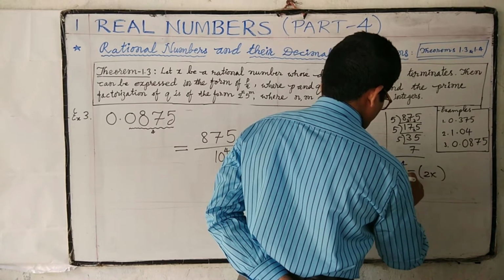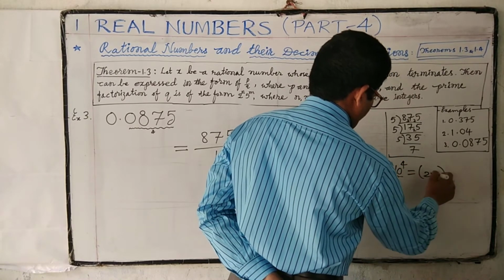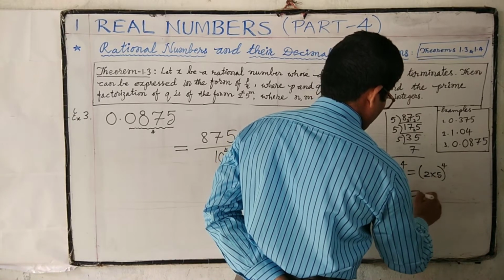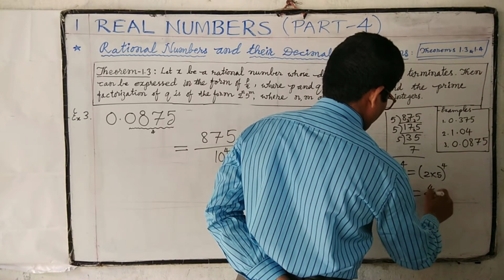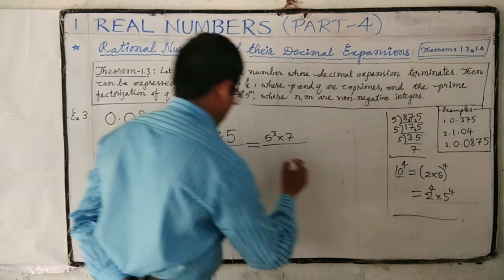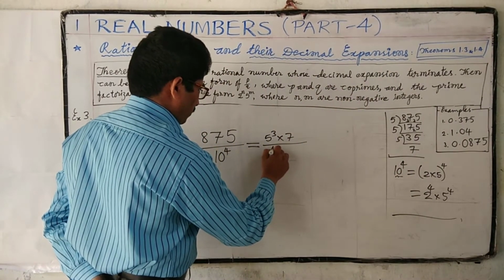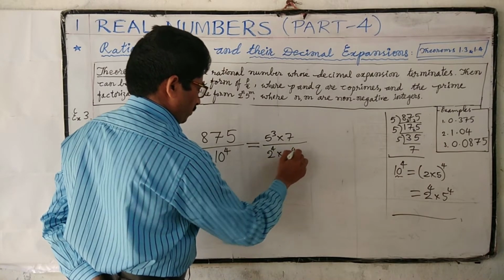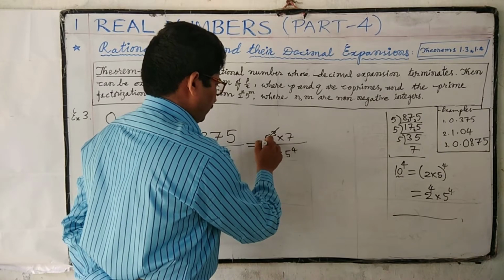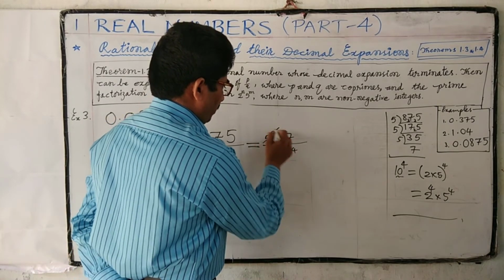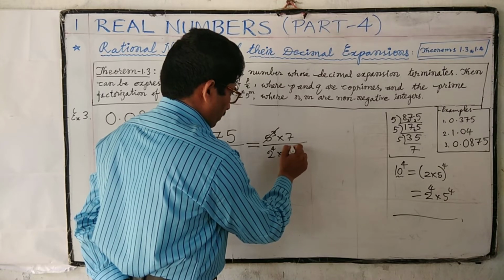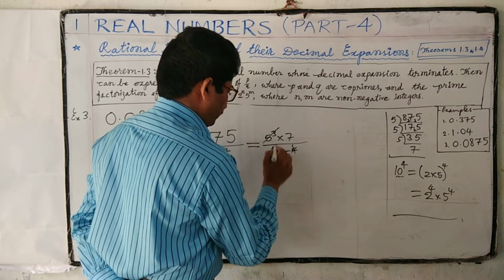We have to write 10 as 2 into 5, whole to the power of 4. That is equal to 2 to the power of 4 into 5 to the power of 4. Here we have 5 cube in the numerator, so we cancel 3 but 1 remains.